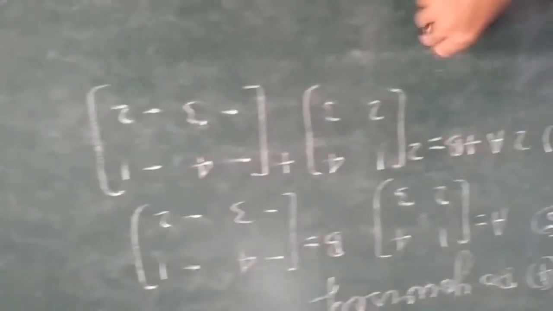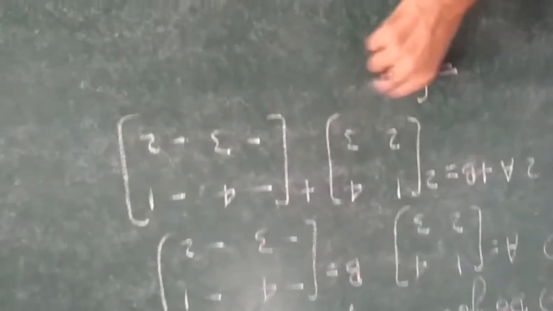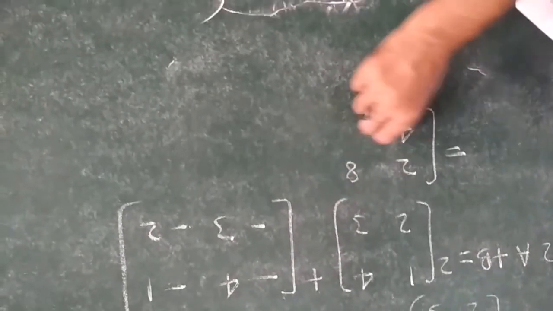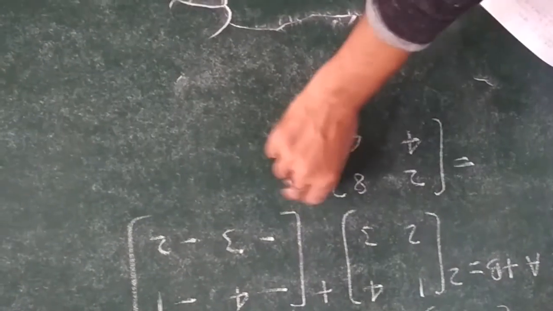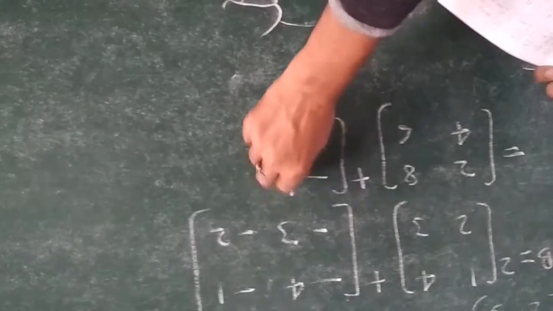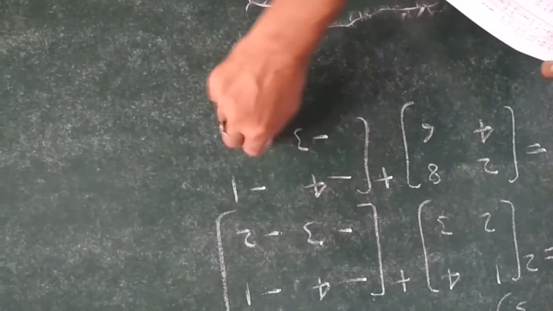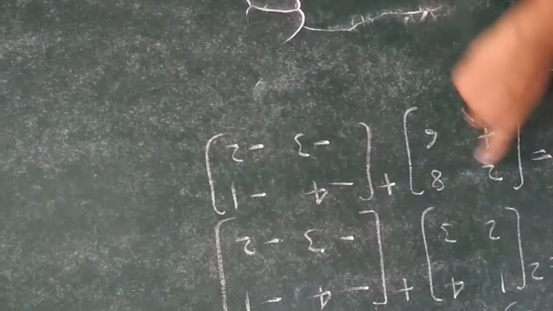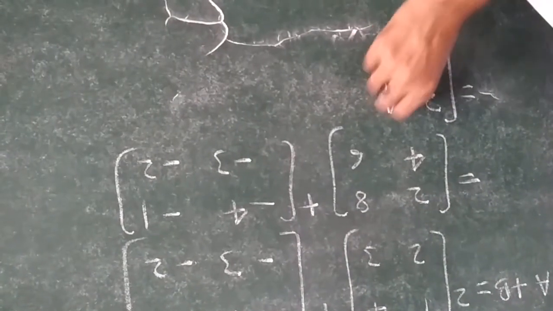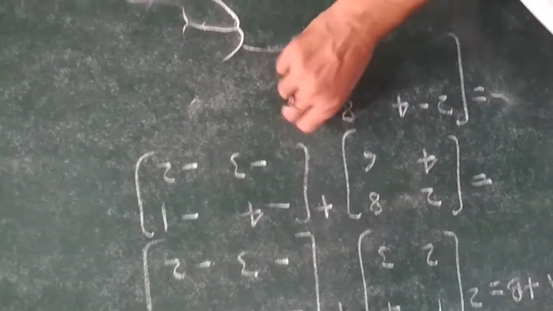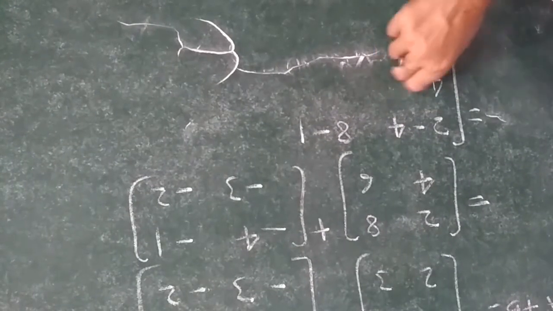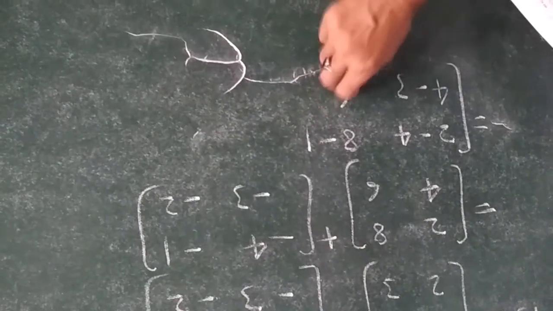Now you have to solve like this. 2 times 1 is 2, 2 times 4 is 8, 2 times 2 is 4, 2 times 3 is 6. Then minus 4, minus 1, minus 3, minus 2. Now the first element will be added with the first, the second with the second. 2 minus 4, 8 minus 1, 4 minus 3, 6 minus 2.